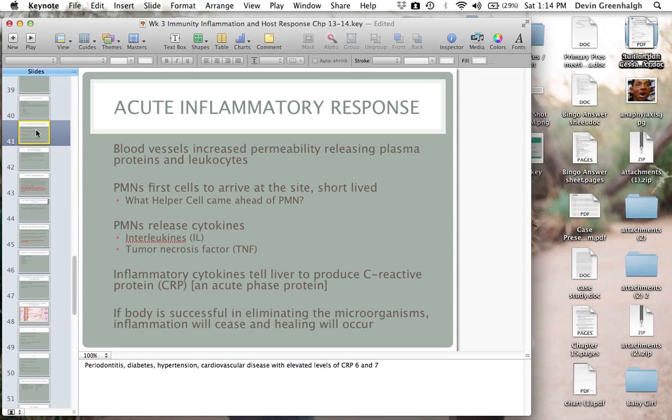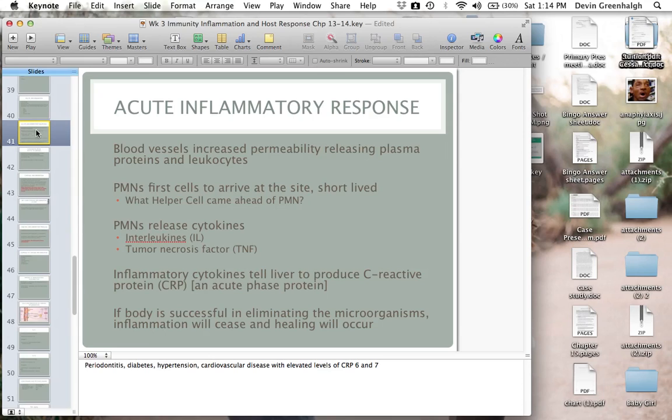What helper cell, though, in some situations comes before neutrophils do? Mast cells. Mast cells come in a situation of infection, not inflammatory, but infection. PMNs and neutrophils release cytokines, which are interleukins and tumor necrosis factor, TNF.